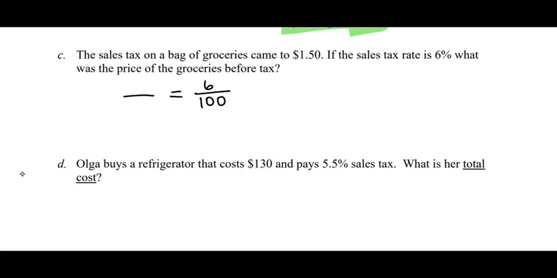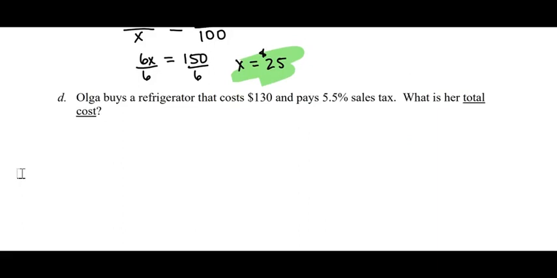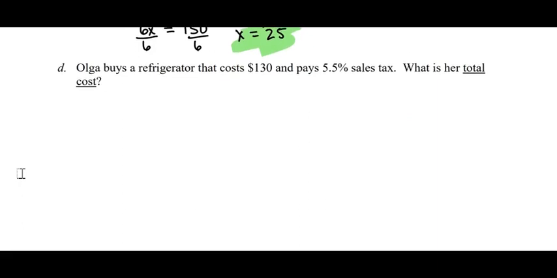The tax is 150. Do not know what the price was. So I have 6x equals 150. I'm going to divide by 6. X equals 25, and that's $25. Okay. I think that's our last one for taxes.